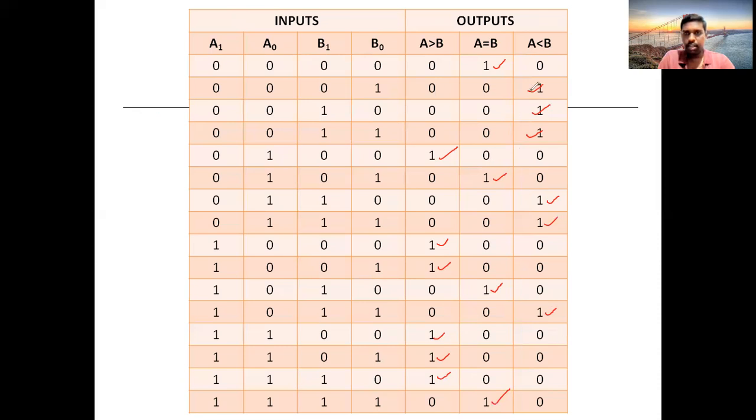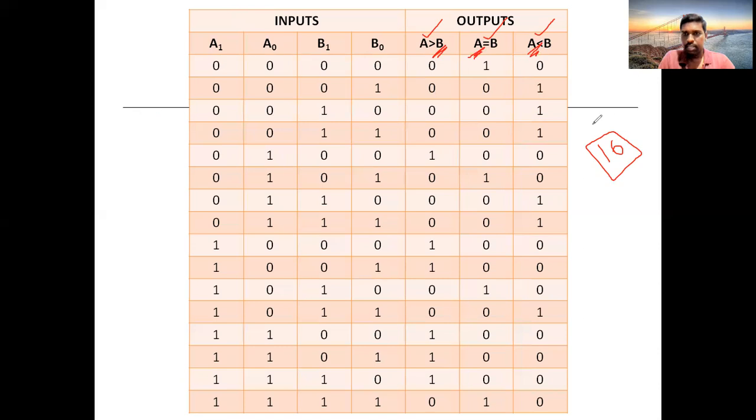Okay, and then you have 3 output sections: A greater than B, A equal to B, A less than B. So by using K-map, find the expressions. As we have 16 combinations, use 16 cell K-maps, 3 16 cell K-maps. Why? Because we have 3 sections. So here 1 16 cell K-map, here 1 16 cell K-map, here 1 16 cell K-map.